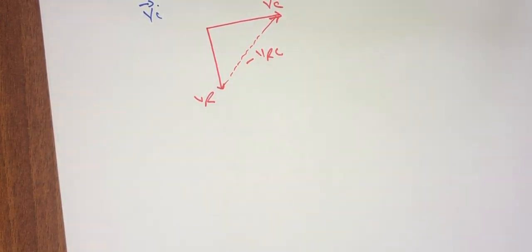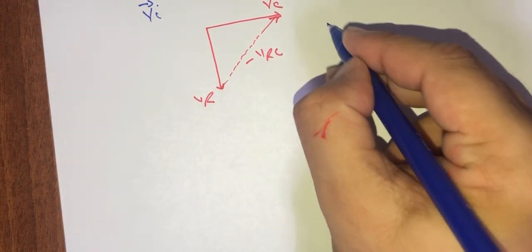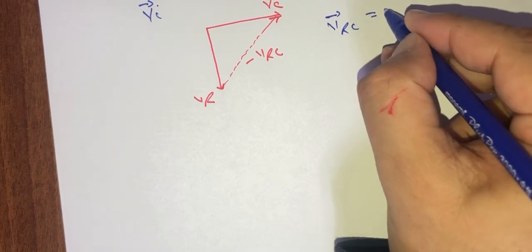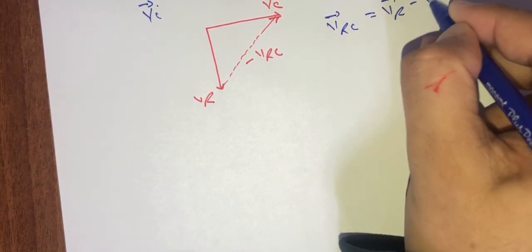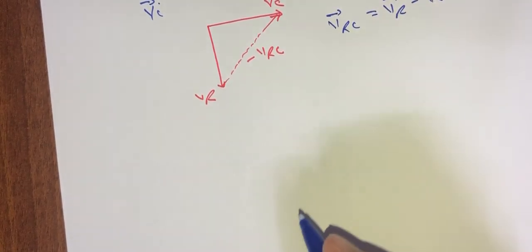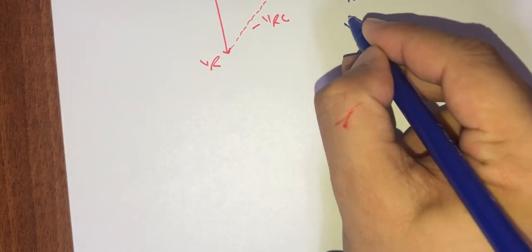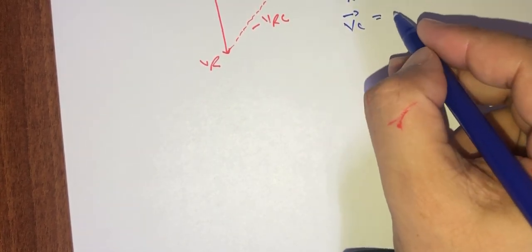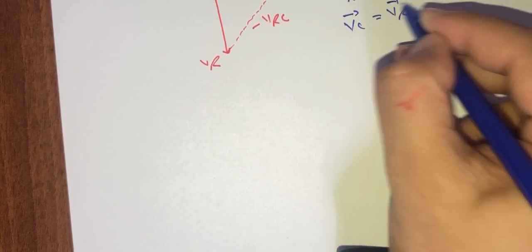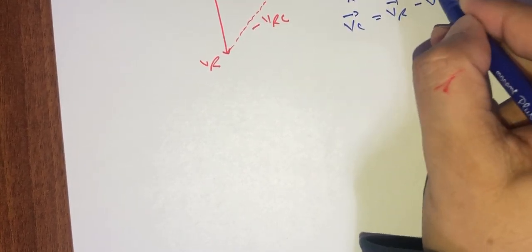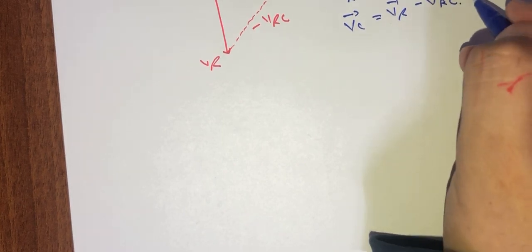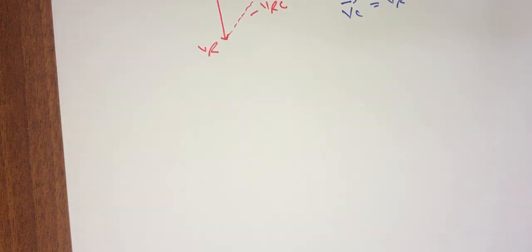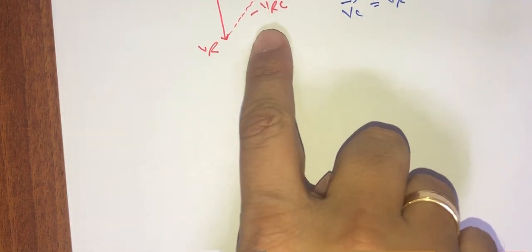So we can say that Vrc is equal to Vr minus Vc, or in this case we can find out Vc, the velocity of the car. So Vc will be equal to Vr minus Vrc. This is almost the same case, but in a slightly different way.